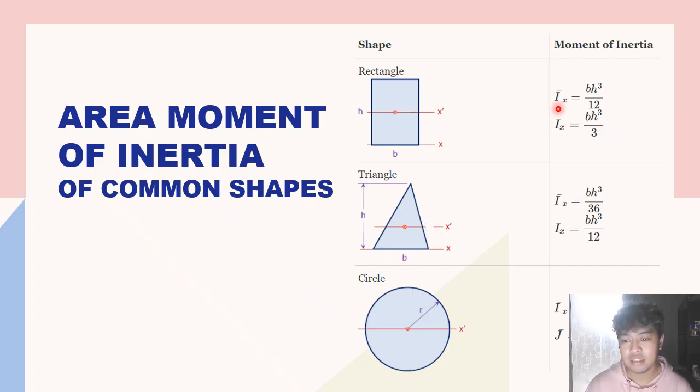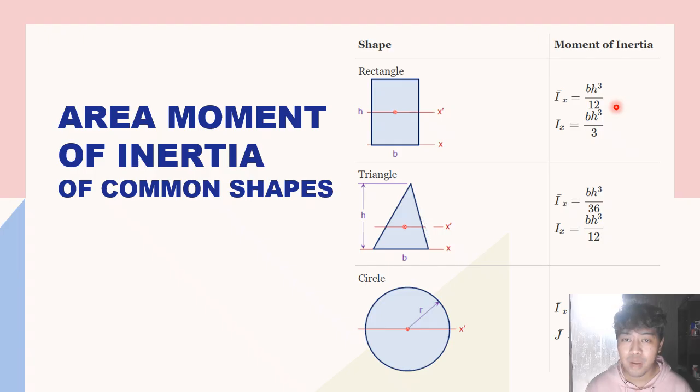If we use the reference axis as the centroid, this is in reference to the centroid of your rectangle. Then our formula for the moment of inertia of a rectangle is going to be bh cubed over 12.